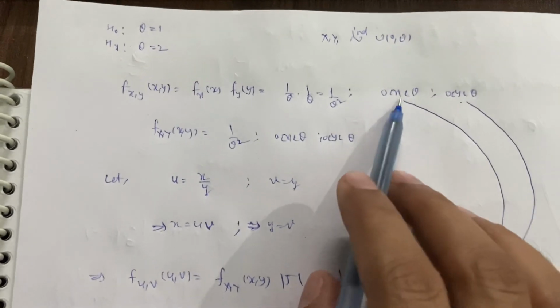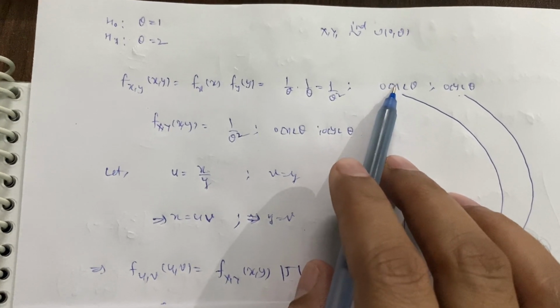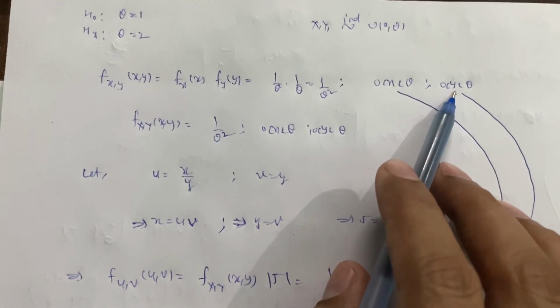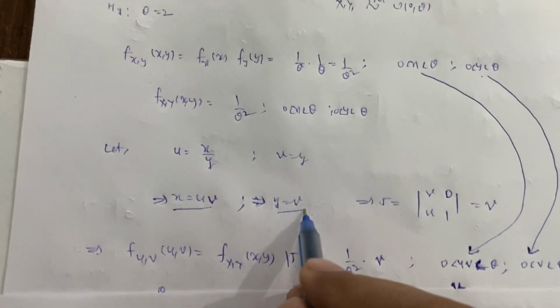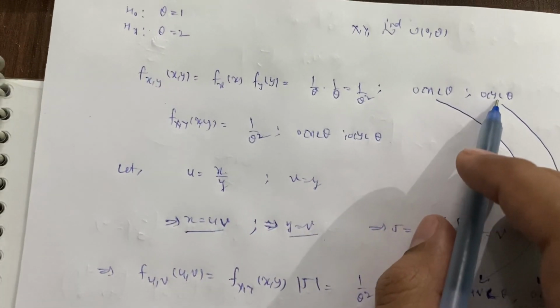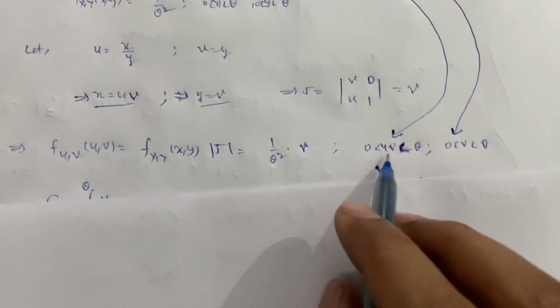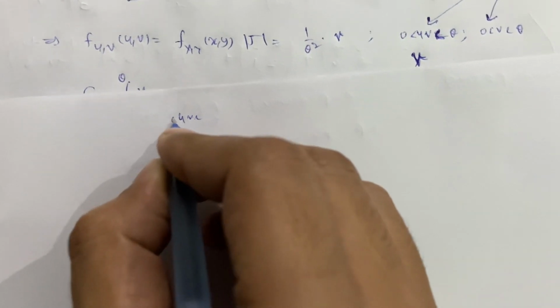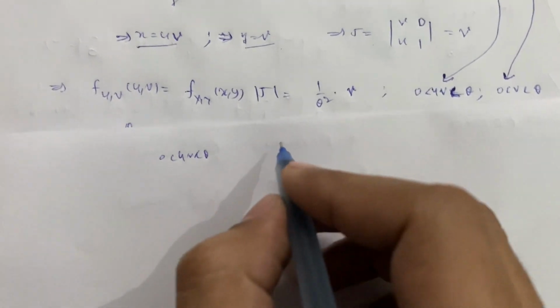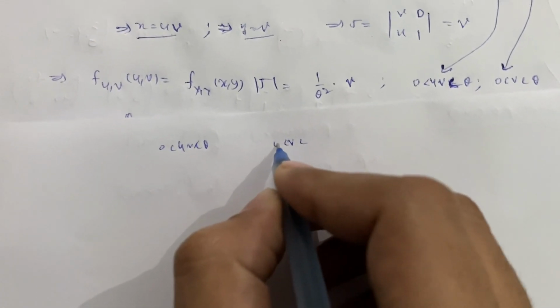Okay, so just put X and Y values in terms of U and V here. So X value is UV and Y value is V. So put UV here and Y equal to V here. So we are getting limits as this, and second is this.